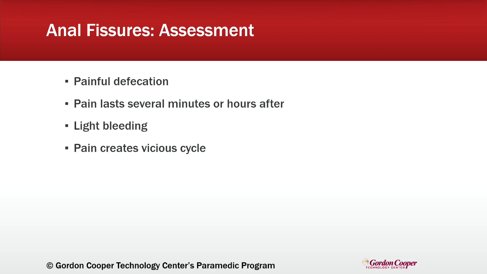Patients often report sharp pain during bowel movements, and the pain may linger for minutes or even hours afterwards. So to avoid the pain, some of them hold off going, which then leads to the stools becoming harder and things blocking up even more, which is going to cause more pain. And this creates a vicious cycle of repetition and keeps these fissures from healing.